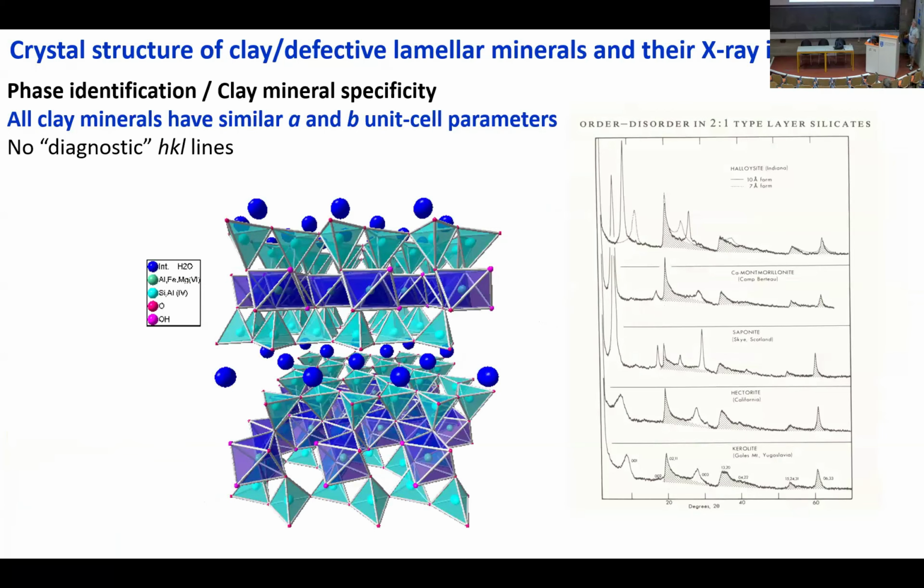So if we go back to identification of clay phases, and especially what is specific for identification of these clay phases, if you remember what I told you in the very beginning, when I skipped the first 30 slides, the unit cell of all phyllosilicates is essentially built out of the same building blocks, tetrahedral sheets and octahedral sheets.